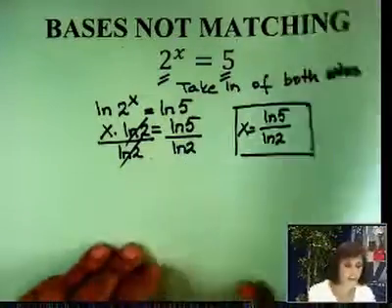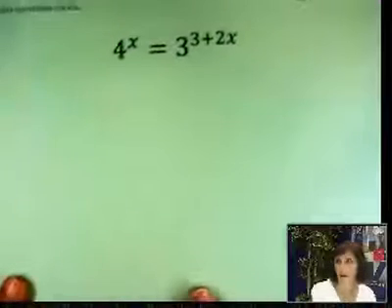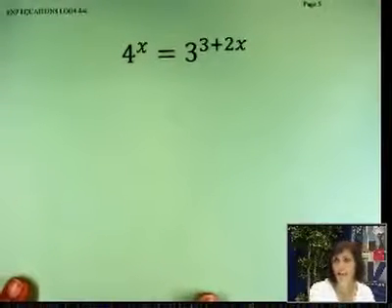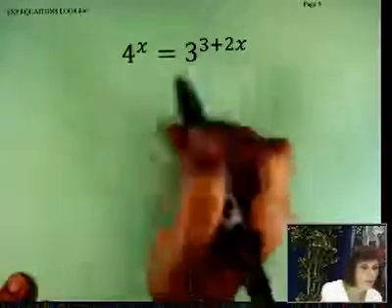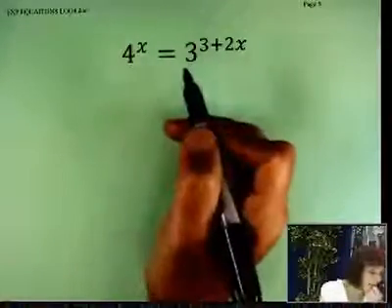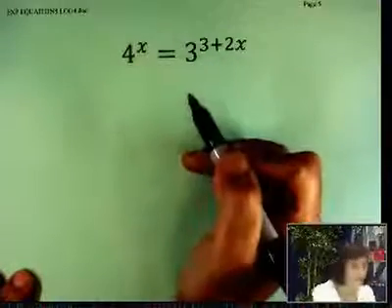Very good. We can actually do it a little bit harder. Let's look at this. I'm going to break this down, or you don't have to break it down, but let's do it without breaking it down. 4 and 3, there's no way they can match.